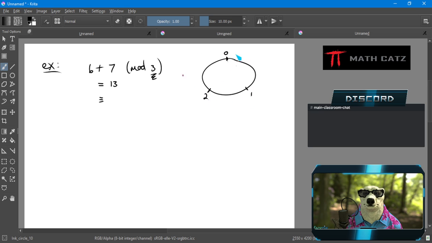So I go around and around and around. Every multiple of 3 will put me back at 0, and therefore I will go and take 12 steps, and that will still put me at 0. So it's 1 mod 3.